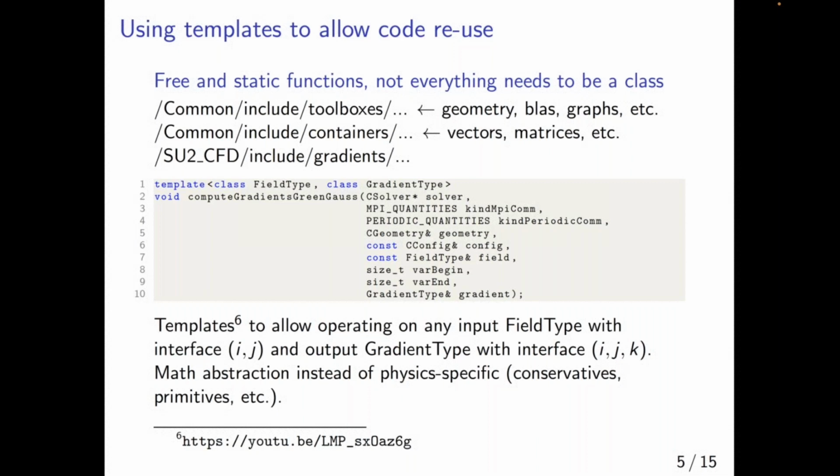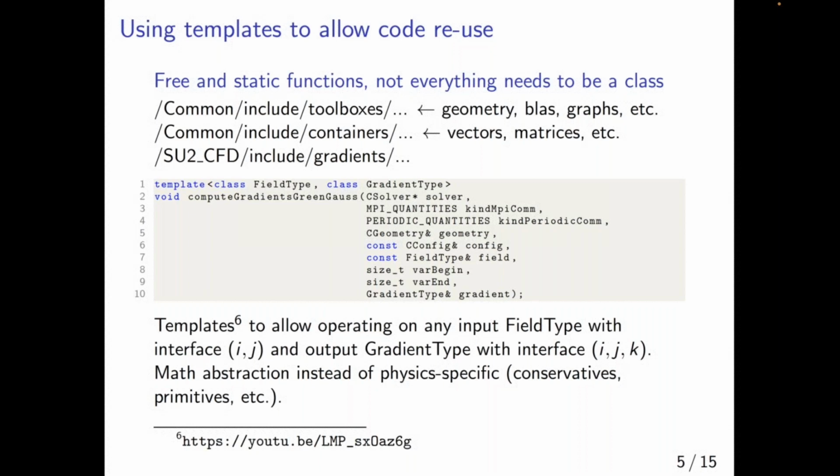Okay, the other pattern, and this goes towards both having more math abstractions instead of physics specific ones, and having less state in classes, and free functions that can be applied to different things. Other things you see in the code are things like this.